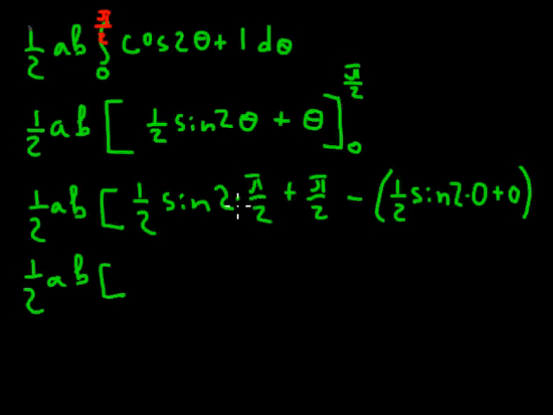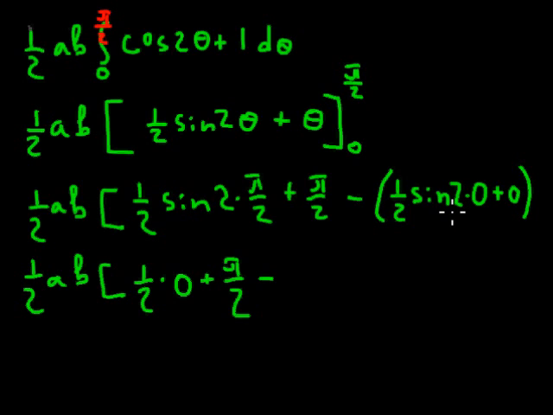And what is sine pi? What's the value of sine pi? The value of sine pi is 0, so it's 1/2 times 0 plus pi over 2, minus, what's sine of 2 times 0, that's 0, what's the sine of 0?